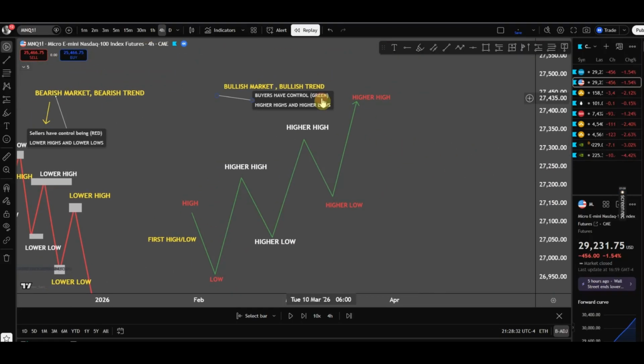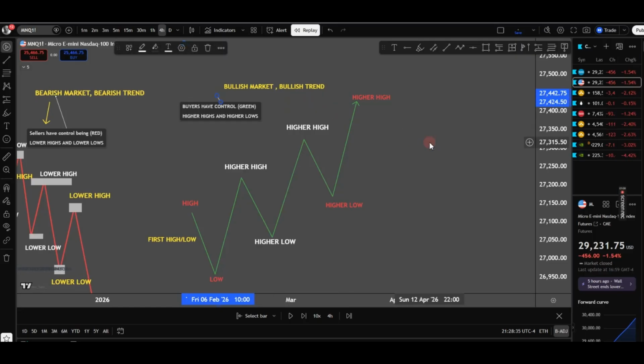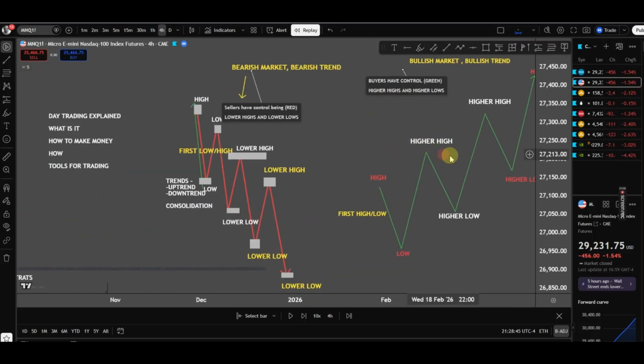So us being retail traders and trading smaller percentages of these, we get to take less of a risk, but also make more money than we usually make on a day-to-day basis.